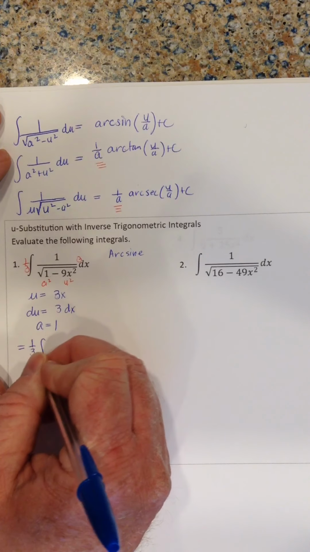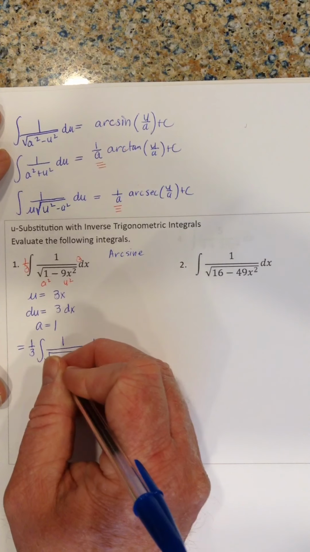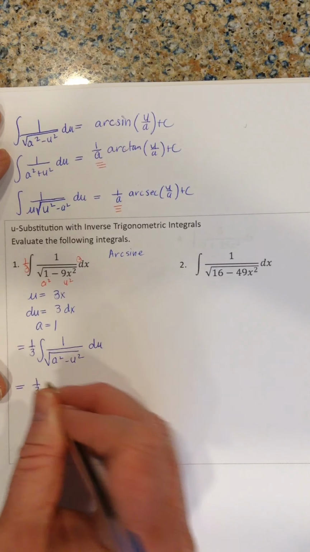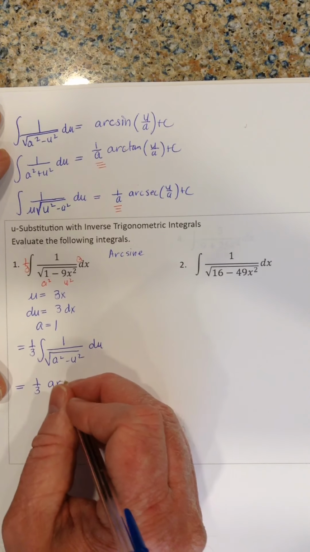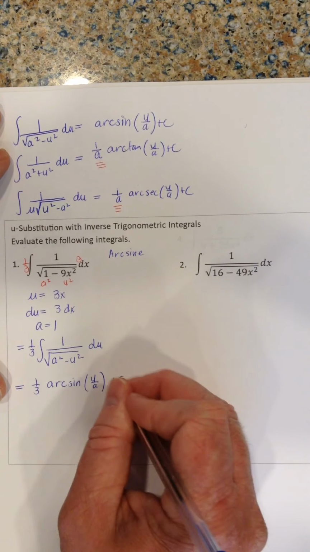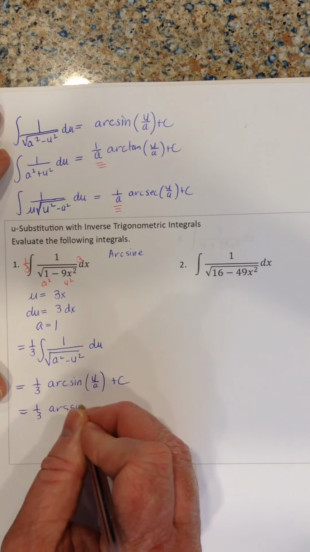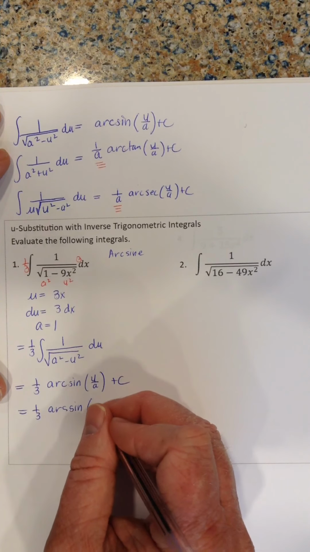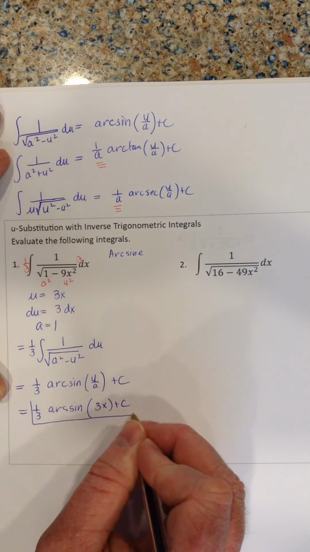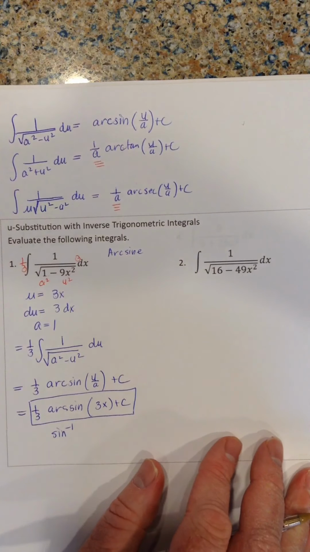So it's 1/3 the integral of 1 du over the square root of a squared minus u squared. So I get 1/3 arc sine of u over a plus c, so we get 1/3 arc sine of 3x over 1 plus c. And of course we could write arc sine like that, right, instead?